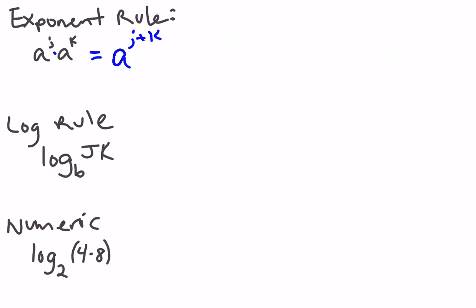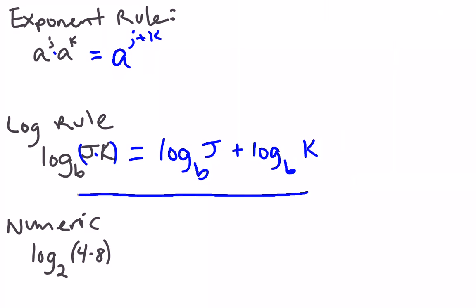In the log rule, if I am multiplying two things in my argument, I can rewrite it by writing it as the sum of logs with the same base. So log base b of j plus log base b of k. When we're making it bigger like that, it's called expanding, and if I went from this side to that side, we would call that condensing because we're making it smaller.